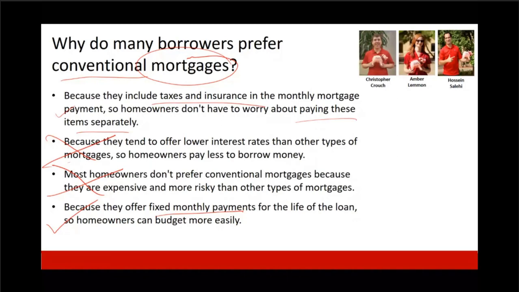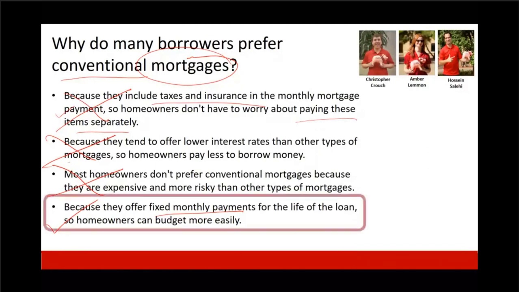No, this is not unique to conventional mortgages. This is true of all mortgages. So it's incorrect in this example because of that comparison. So remember, to answer the question that's being asked, we're asking about a comparison. We're not asking about a mortgage in general. So this last one is the right answer. Okay.